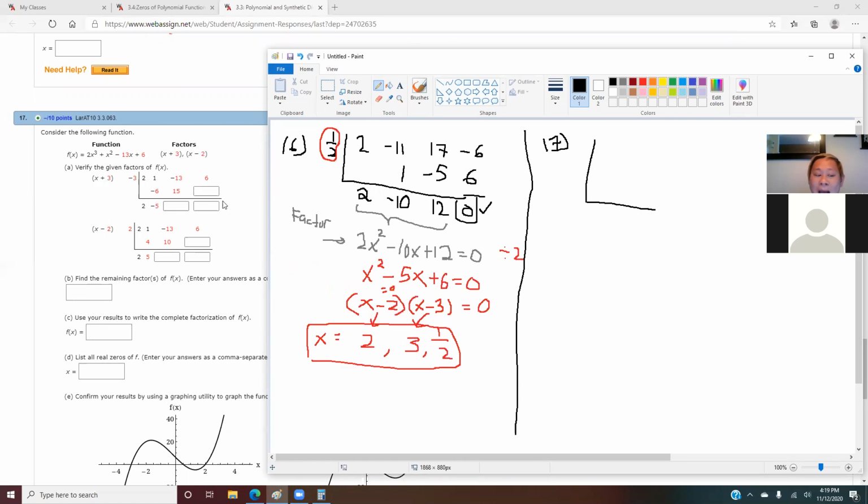They kind of do it partially already, so you can fill in the blanks here. So this is the function. So they do x plus 3, which is -3 here.